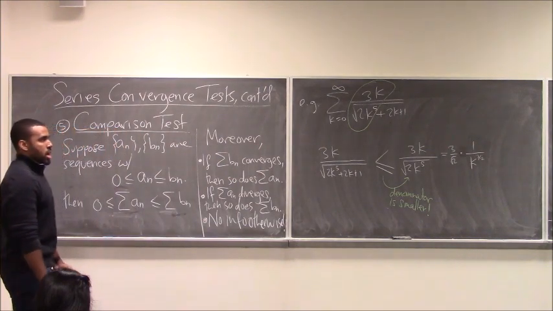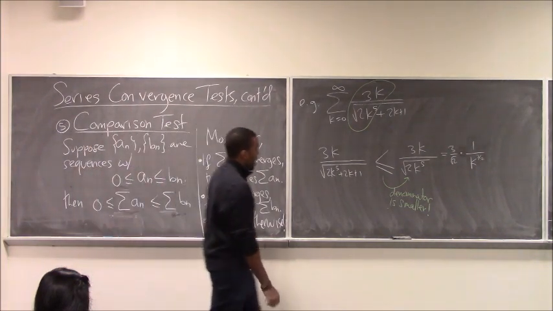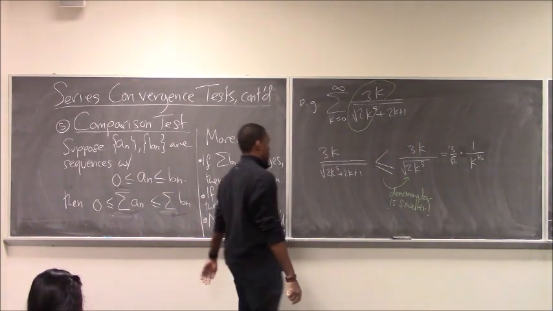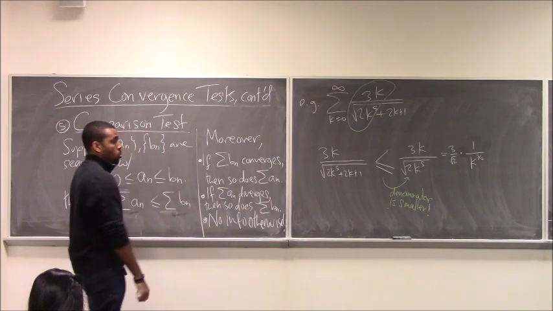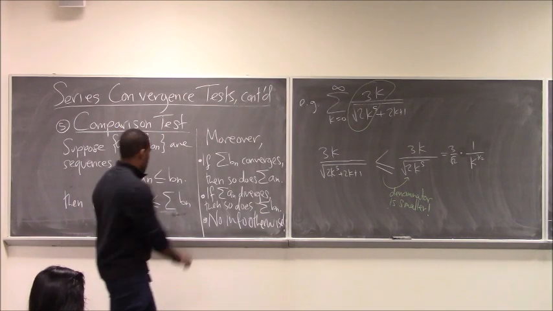So here, I just pretty much ignore everyone except the biggest guys, and I'm thinking that as we go off to infinity, they're going to behave like this guy. And I know exactly how one relates to the other.